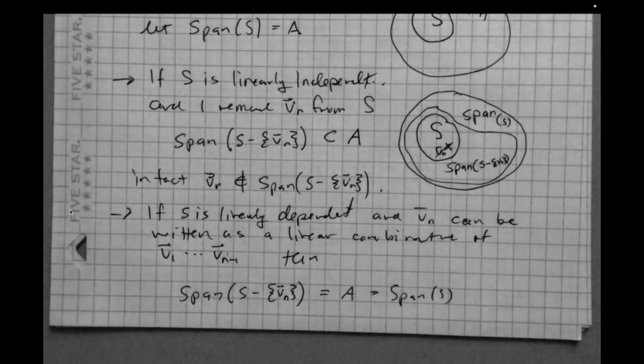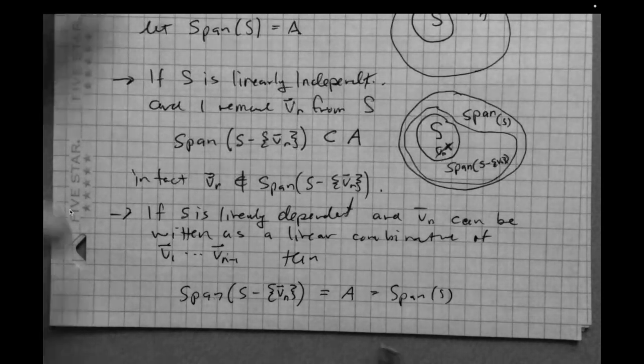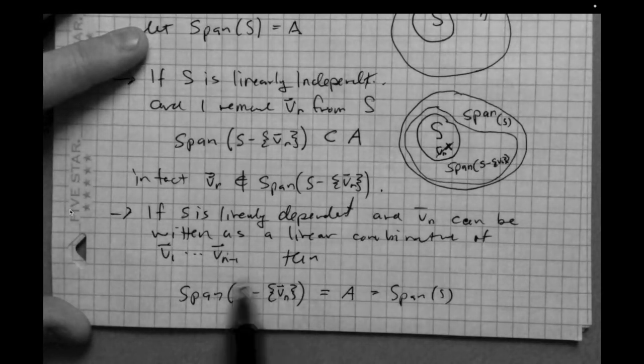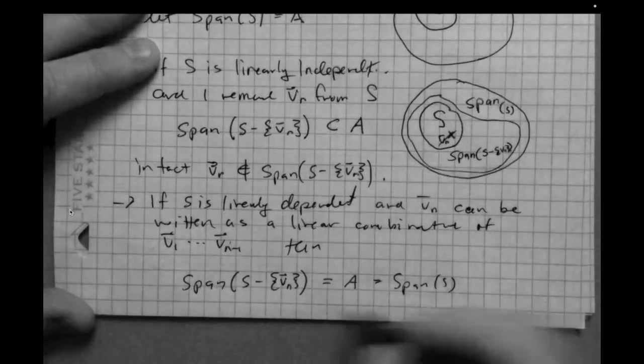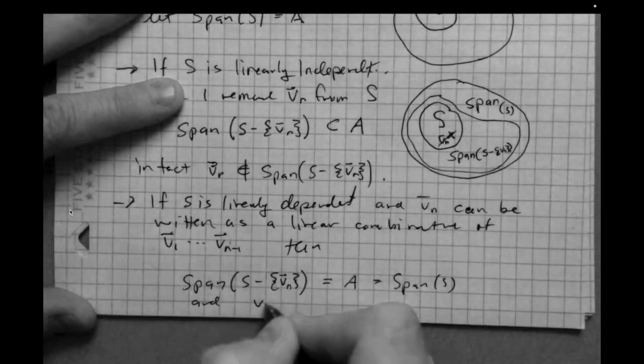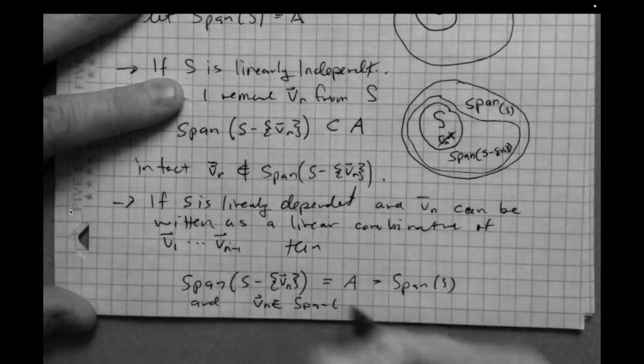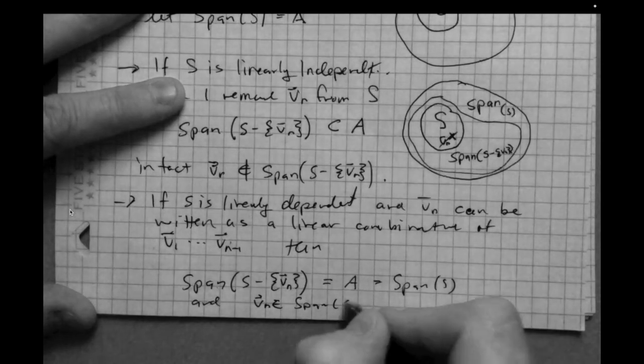So the removal of a linearly dependent vector from a set doesn't impact the span. And clearly Vn is still in the span, because it can be written as a linear combination of the vectors that remain. So Vn is in the span of this smaller set.